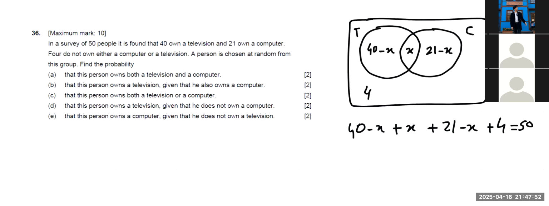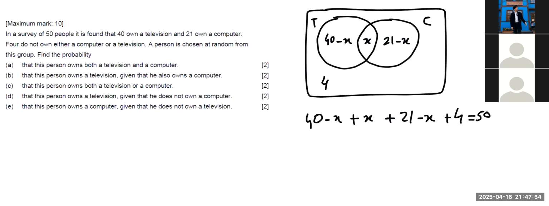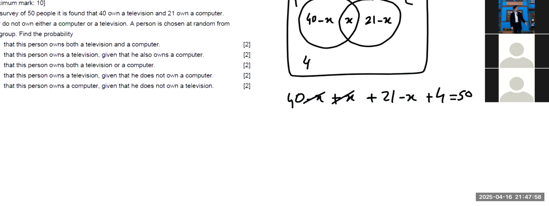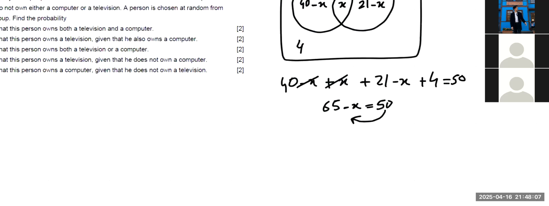First of all, plus x minus x cancels each other out, which leaves me with 40, 21, and 4, which is 65, minus x. Now, if I subtract the 50 on this side and add the x over there, I will get 65 minus 50 equals x, which means that 15 people own both a television and a computer.